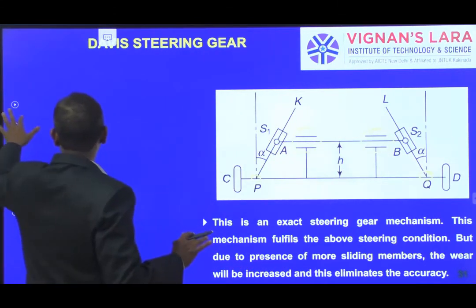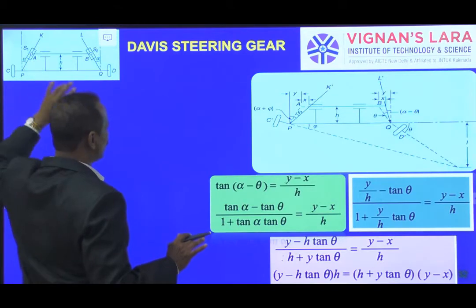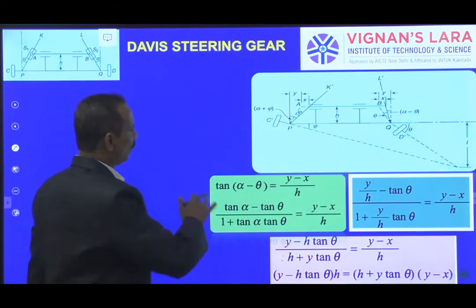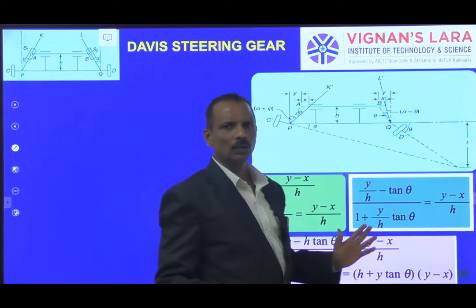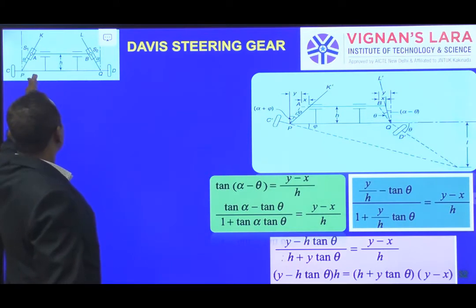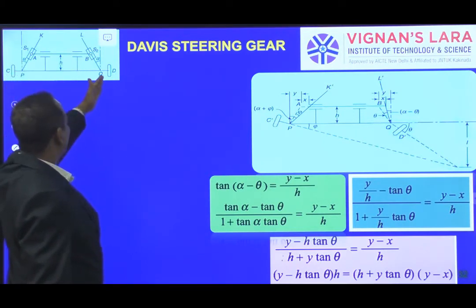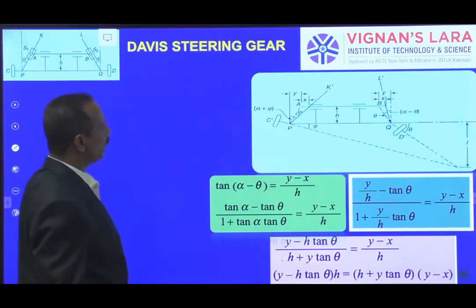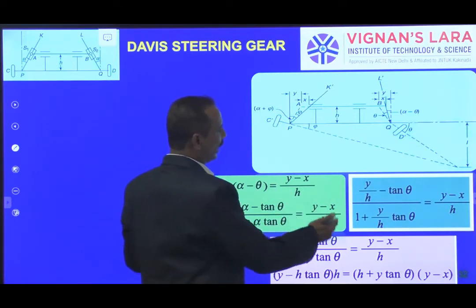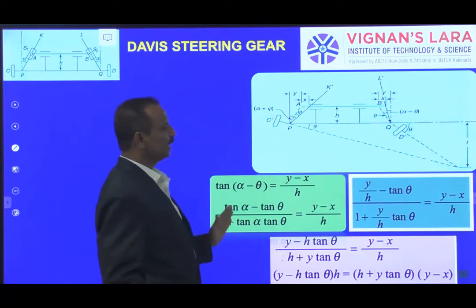Let us see the analysis part. The same diagram is shown when it takes a turn. The previous sketch showed the straight path, where the left and right sliders make an angle alpha with the vertical. Now the vehicle is taking a right turn.